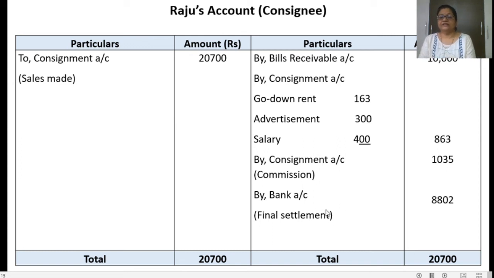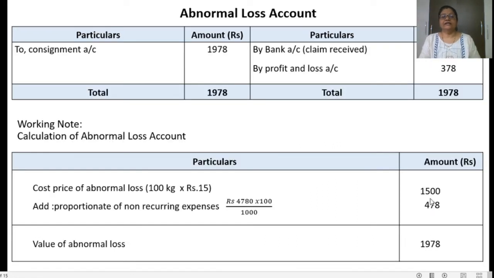So how is this account to be closed? By making the settlement. Then you have to prepare the abnormal loss account. Here you have shown abnormal loss on the credit side of your consignment account. In the abnormal loss account, it is on the debit side, consignment account 1,978. Now from 1,978 you have received 1,600 as a claim from the insurance company.